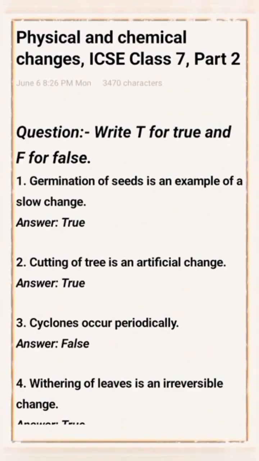Now let's discuss. Write T for true and F for false. At first, germination of seeds is an example of a slow change. Answer true. Next, cutting of a tree is an artificial change.